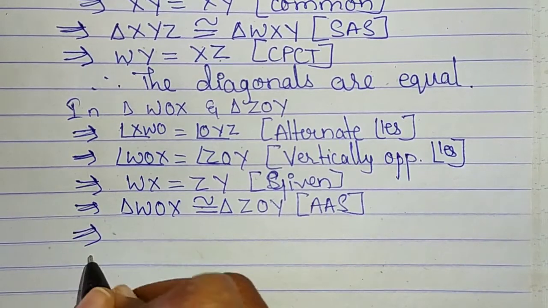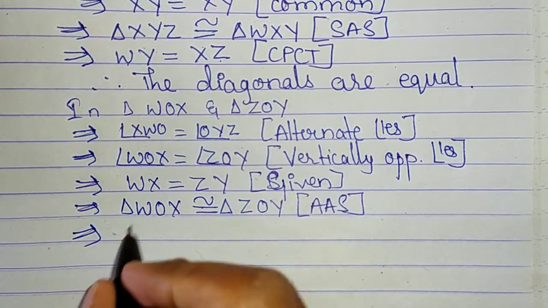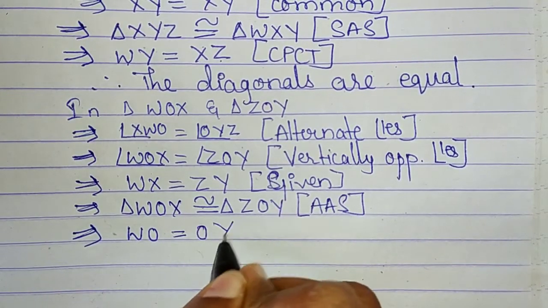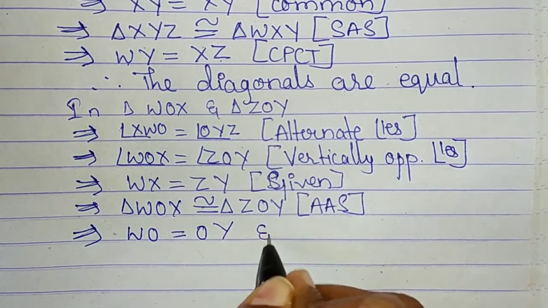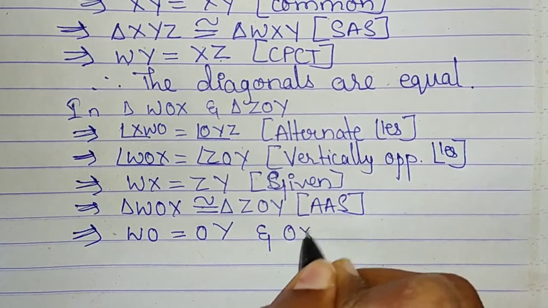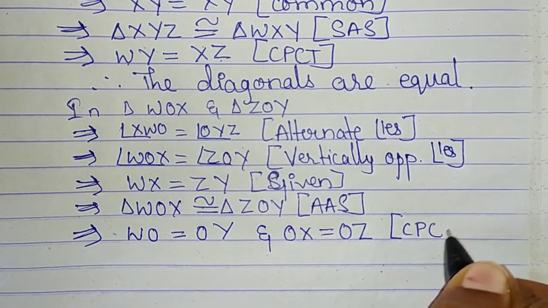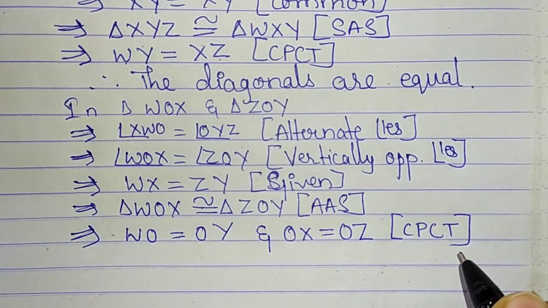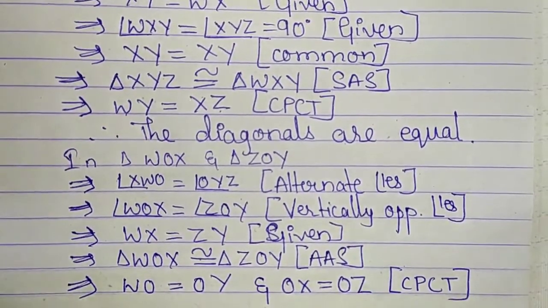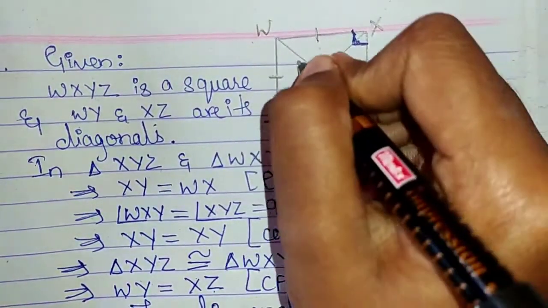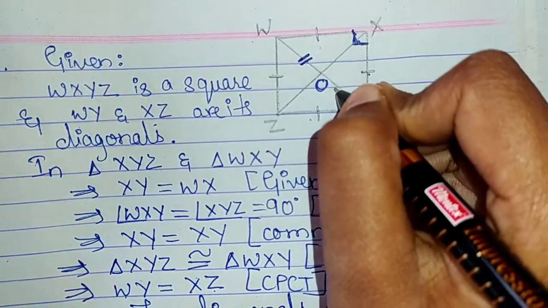So this implies WO is equal to OY and also OX is equal to OZ by CPCT. So we found that WO is equal to OY. In the figure you can see that WO, that is this part, is equal to OY.